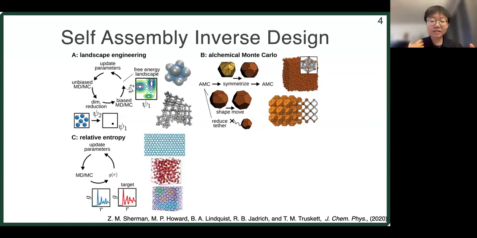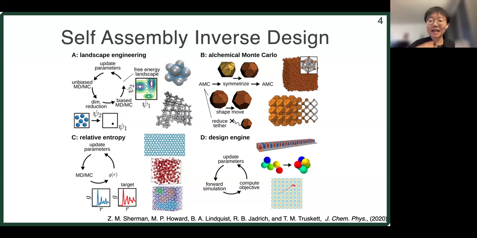Then there's the relative entropy method, where you use the signatures from your g(r), your radial distribution function, and ask what kind of pair potentials can assemble into the structure you want. And lastly, there are design engines, sort of like a biased walk to see where it can get to the result you want.